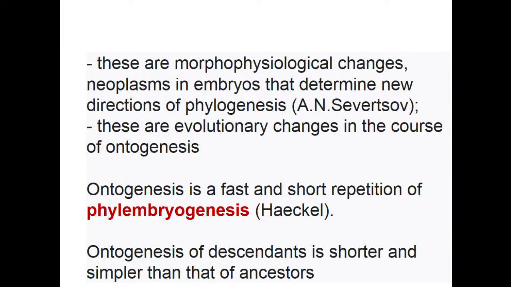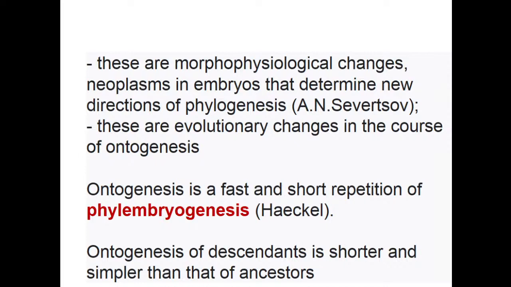And in Haeckel's theory, every organism in ontogenesis is a fast and short repetition of embryogenesis. So every human and every animal has this embryogenesis and ontogenesis.